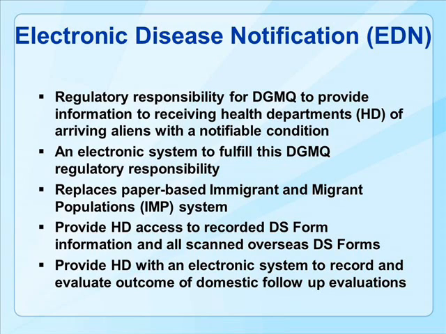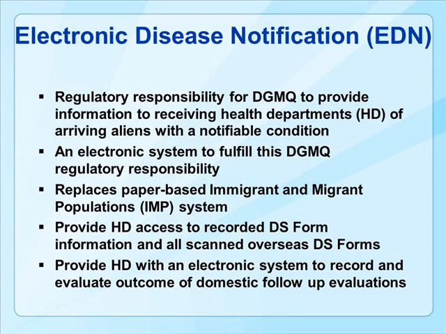For many of you who've been doing this work for a few years, you probably recognize that EDN replaces a previously used paper-based immigrant and migrant populations, or IMP, system. But EDN has a couple features that we really like. It provides you access to the recorded DS form information as well as all scanned overseas DS forms, DS forms being the paperwork that the panel physicians complete on their examination.